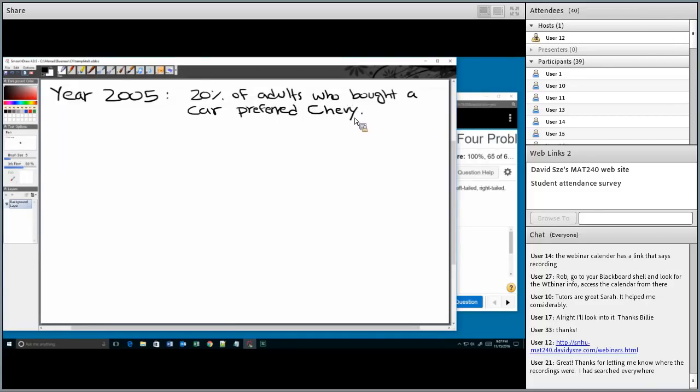I'll just say Chevy. This is not real data, it's just a claim. So in year 2005, there was a study done by someone, and in that study, they found that 20% of adults who bought a car preferred Chevy. Okay, the brand Chevy.